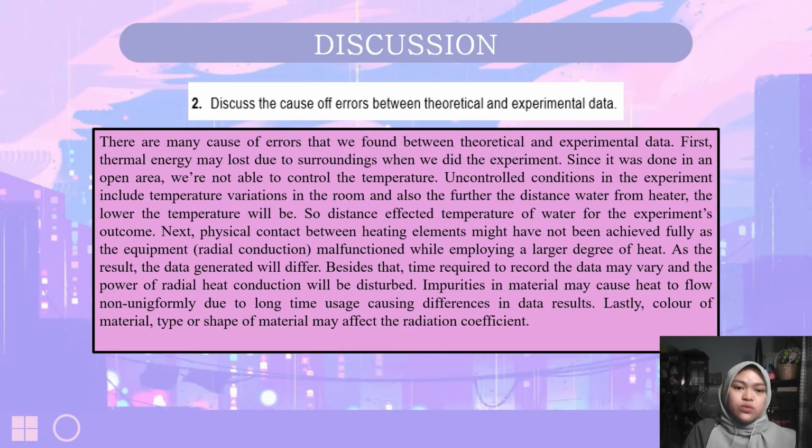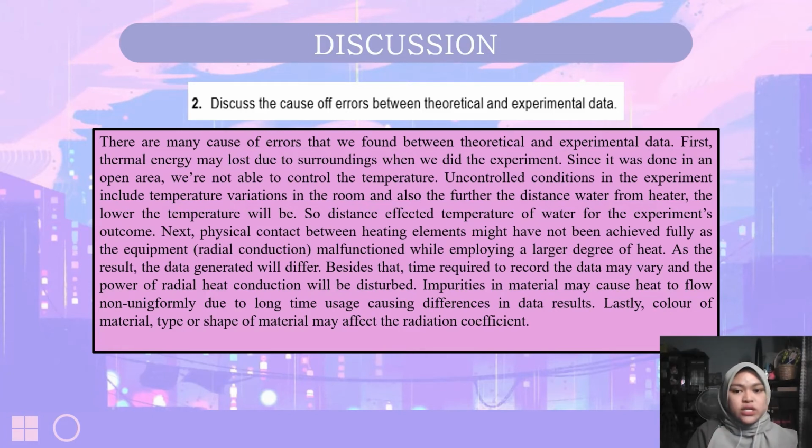The question one, we discussed the cause of errors between theoretical and experimental data. As we know, there are many causes of error that we found between theoretical and experimental data. First, thermal energy may be lost to the surroundings when we did the experiment. Since we did the experiment in an open area, we are not able to control the temperature.